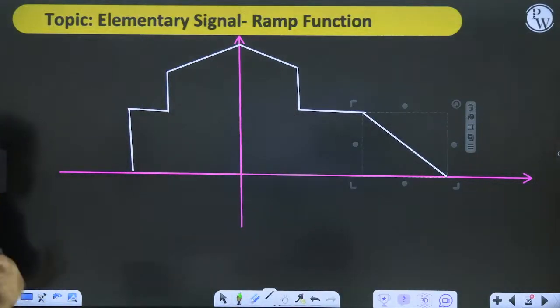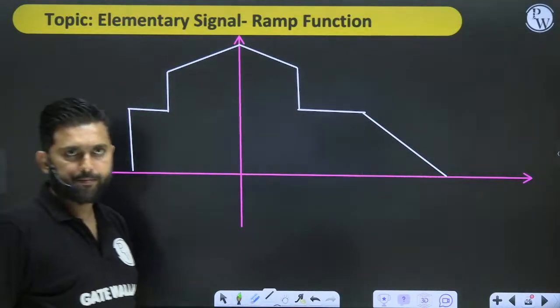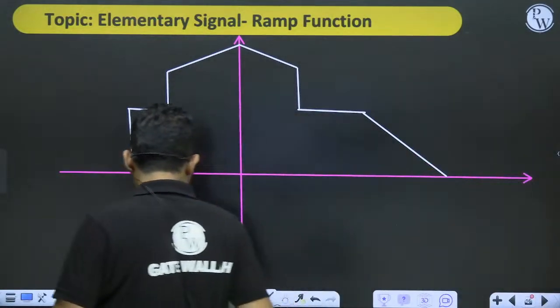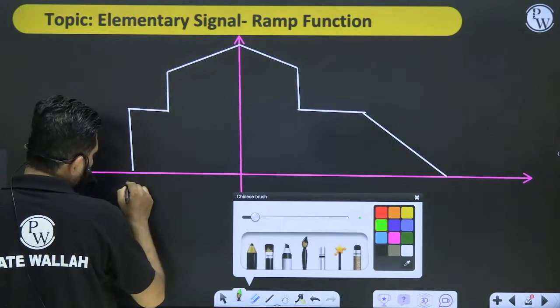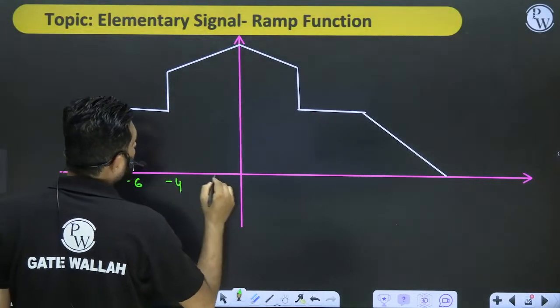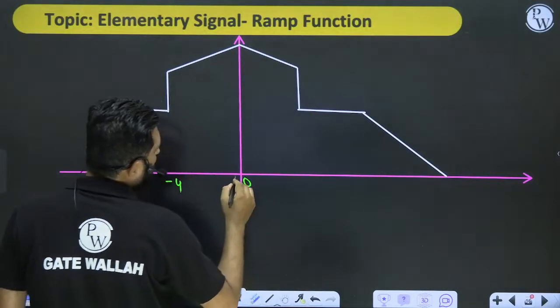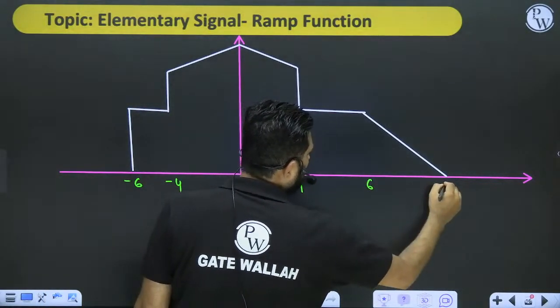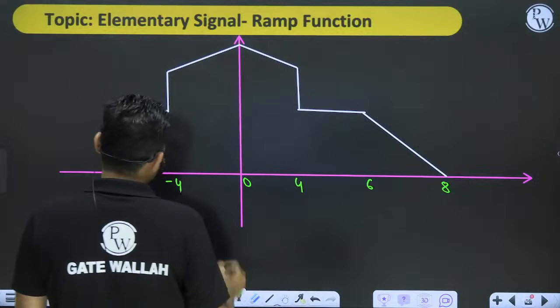This kind of function, or some different one. Let's mark it. This is minus 6, this is minus 4, that is 0, this is 4, that is 6, that is 8.